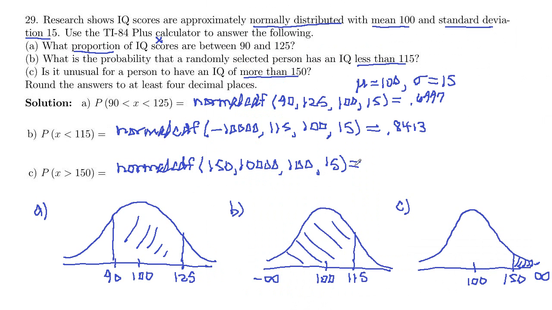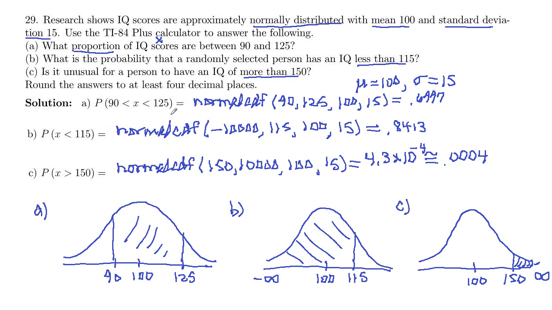So 4.3 times 10 to the negative fourth. And that negative 4 means move the decimal 4 places to the left here. So this would be 0.00043. And they want us to round to 4 decimal places. So this would be approximately 0.0004.